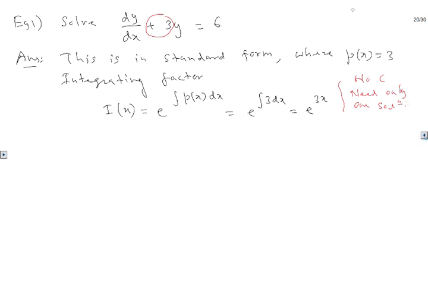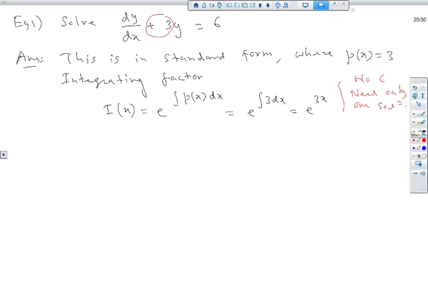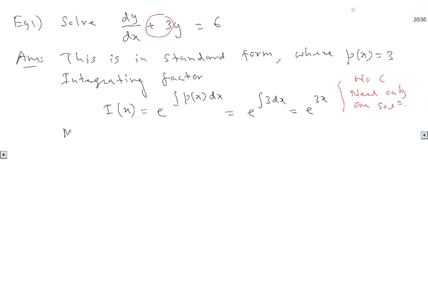So we found the integrating factor. Now we multiply the whole equation by that, multiplying both sides of the equation by e to the 3x.